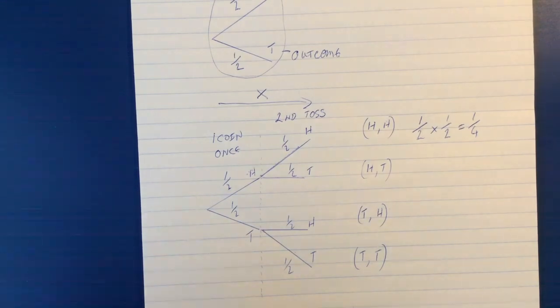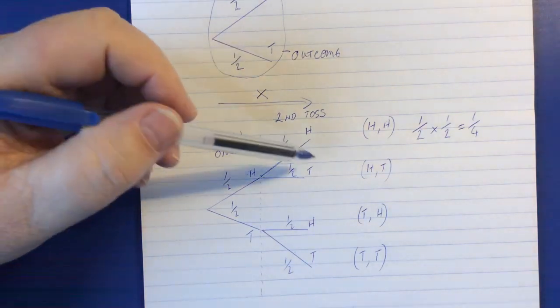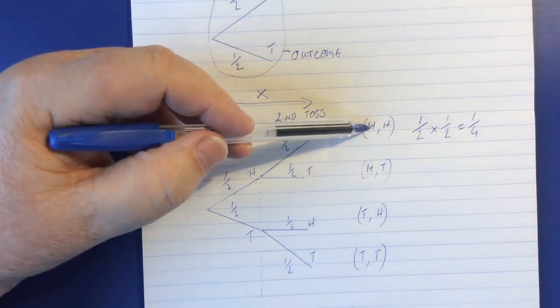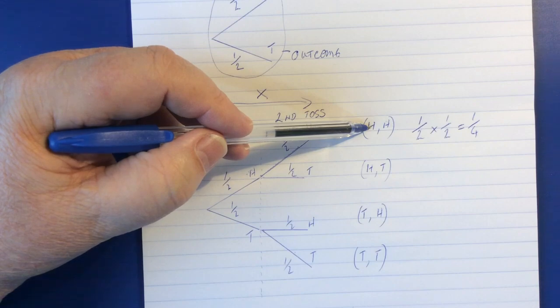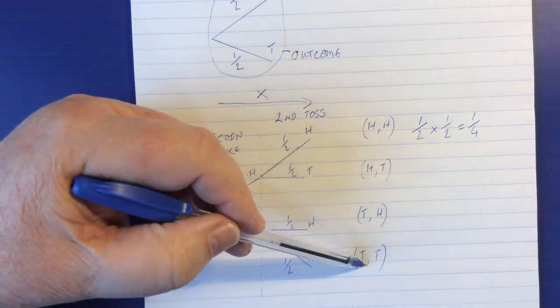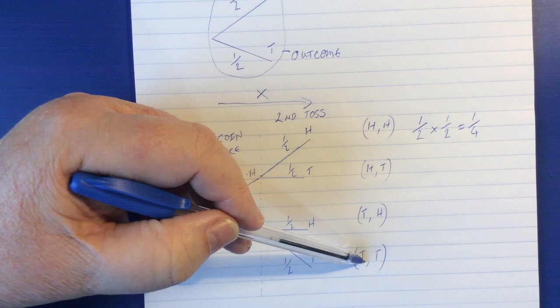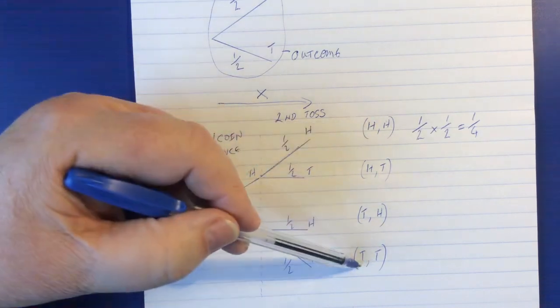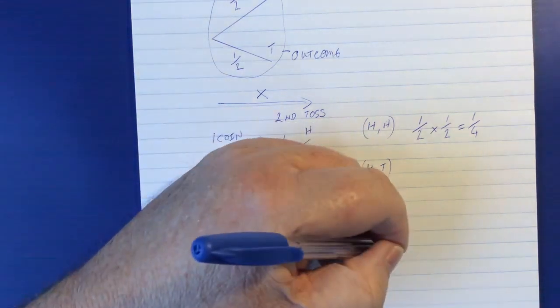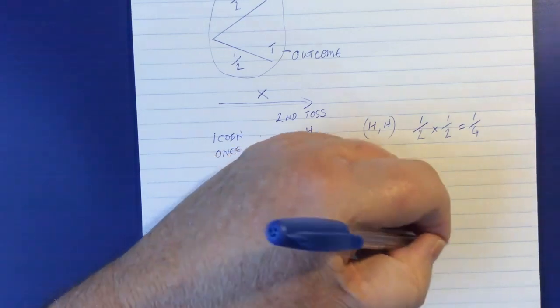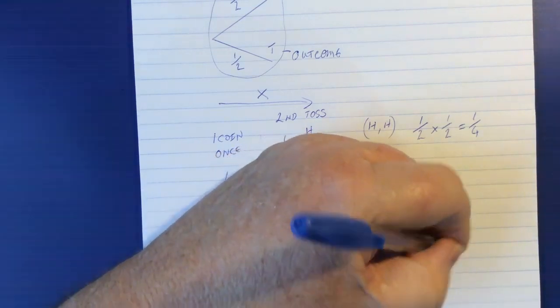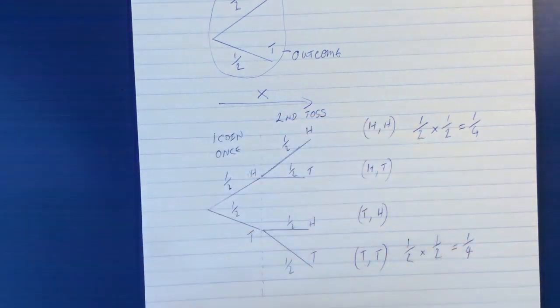Now let's say, and this will be the last part of this video, let's say that you wanted to know what the probability of getting a head and a head is, as well as the probability of getting a tail and a tail. So it's a head and a head, or a tail and a tail. Now, the tail and the tail is the same probability as the head and the head.